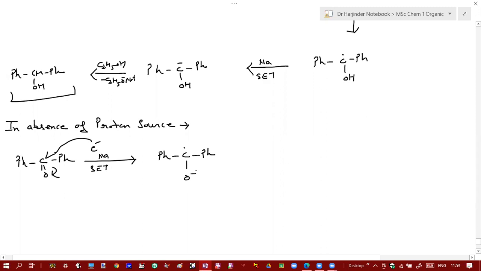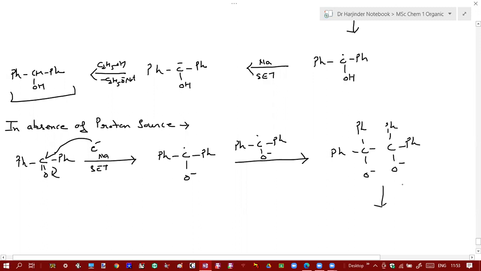Now what will happen? Another molecule with a radical will be there, and yes, they will combine with each other. This carbon free radical will react with another free radical to form a carbon-carbon bond.